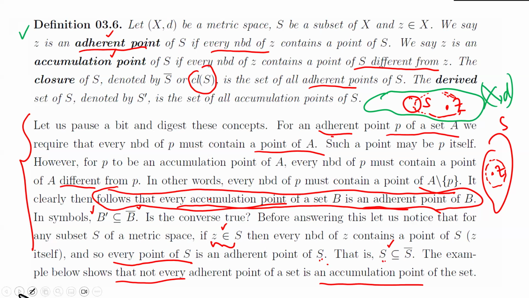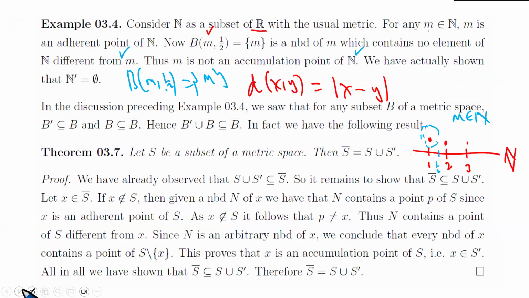It is certainly empty. The derived set is the set of the accumulation points. So we can see that the set of the natural numbers does not even have one accumulation point, because its derived set is empty.